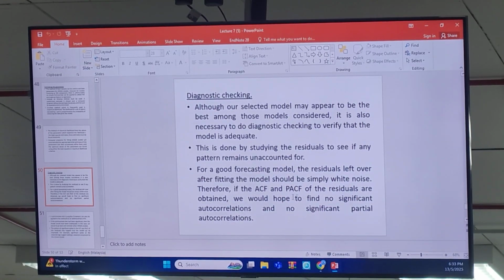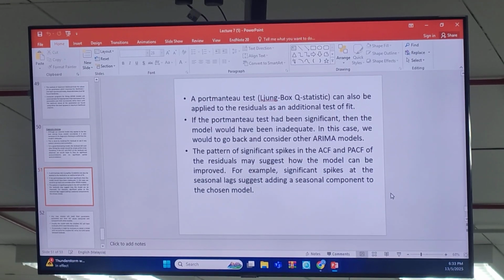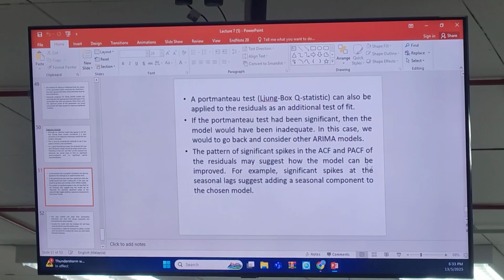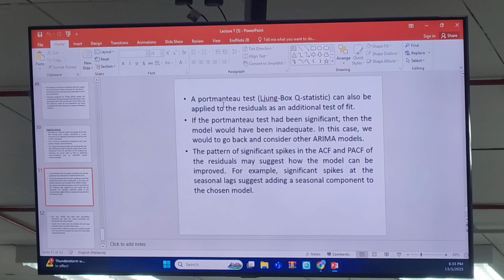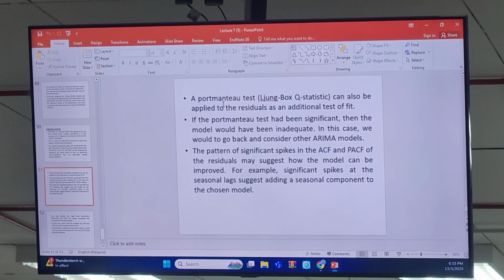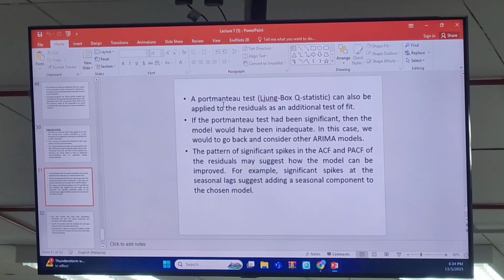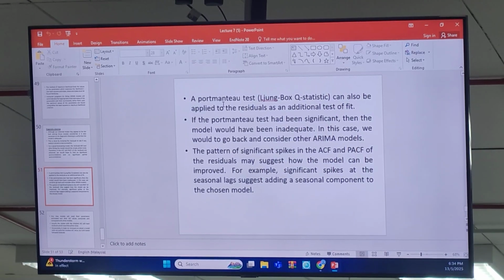By looking at the residuals, we hope to find no significant autocorrelation and no significant partial autocorrelation. So the Box-Jenkins heuristic can also be applied to the residuals as an additional test, as described before. You can check individual values of ACF autocorrelation, or you can perform a joint Box-Pierce test. If the test is significant, then the model is inadequate.